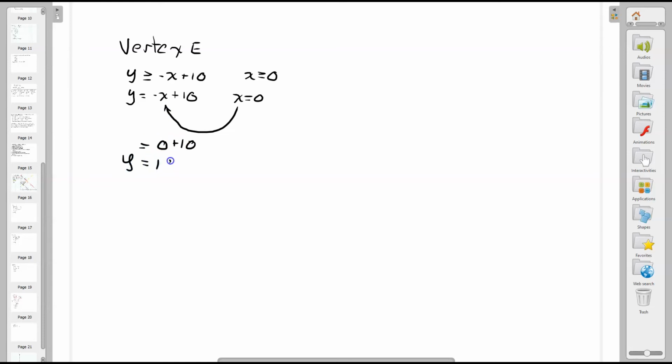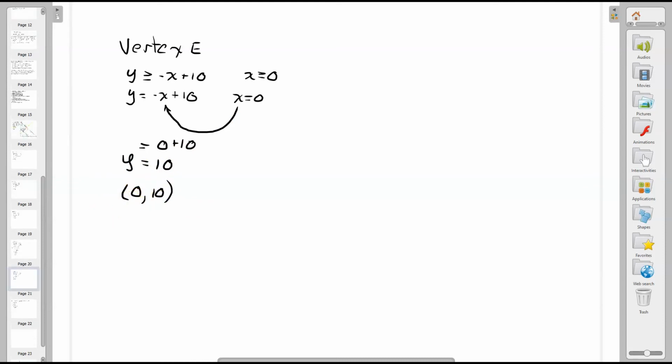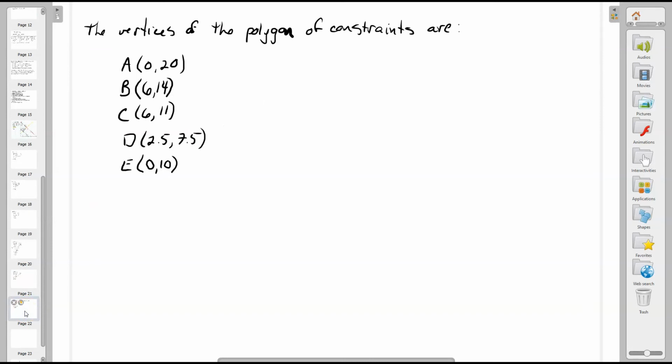So y is equal to 10 and x is equal to 0. So the vertex E is 0, 10. So to summarize, the vertices of the polygon of constraints are 0, 20; 6, 14; 6, 11; 2.5, 7.5; and 0, 10. So it's A, B, C, D, E.